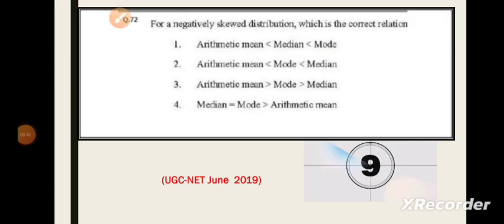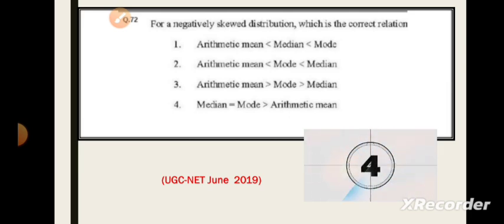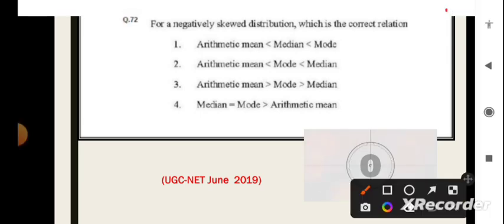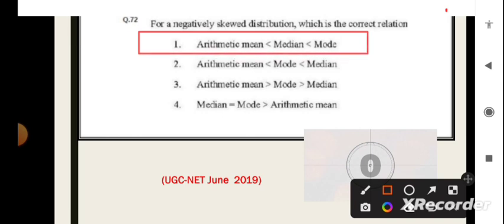Next question is, which of the following is the correct relation for a negatively skewed distribution? Here the correct option will be option first, which shows that in a negatively skewed distribution the mode is greatest and the mean is the least.